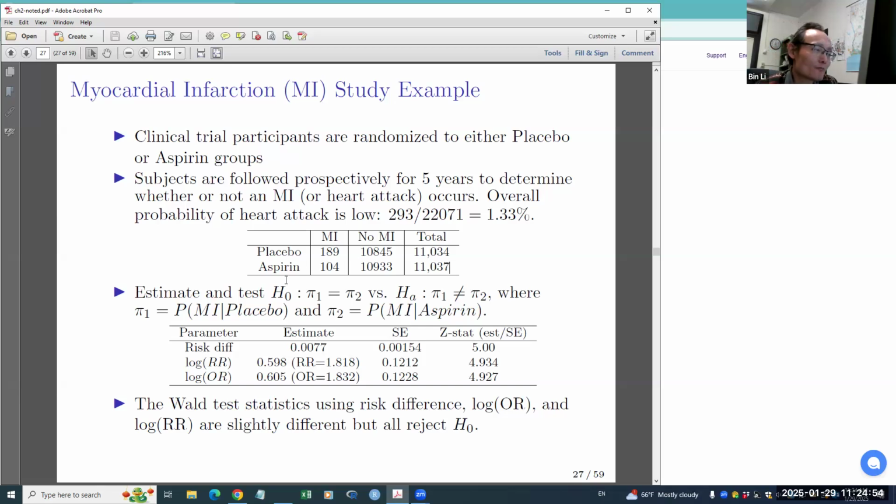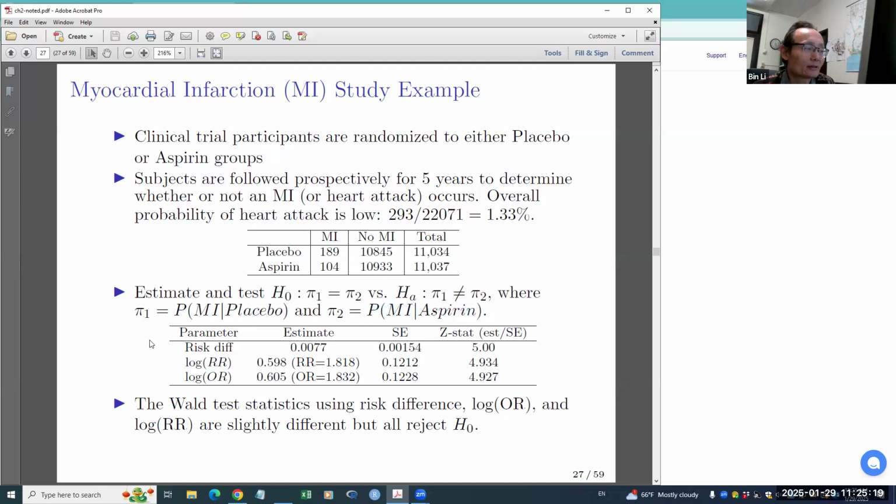So the null hypothesis is that pi1 and pi2 are the same. The alternative is that they're not. Pi1 is the heart attack rate among the placebo group, and pi2 is the heart attack rate among the treatment group.